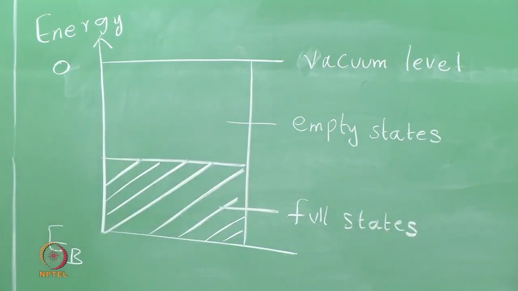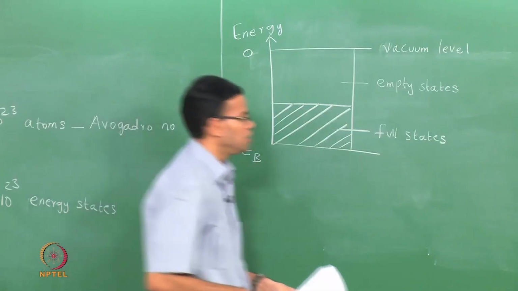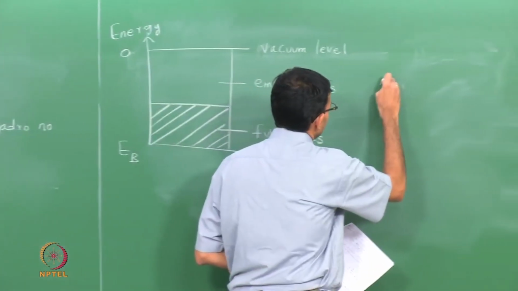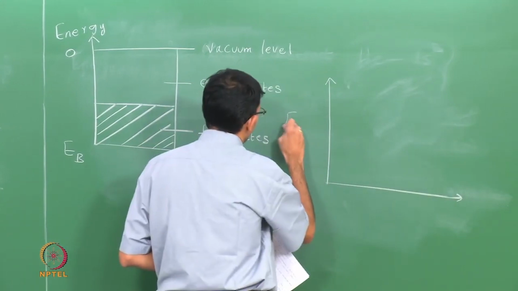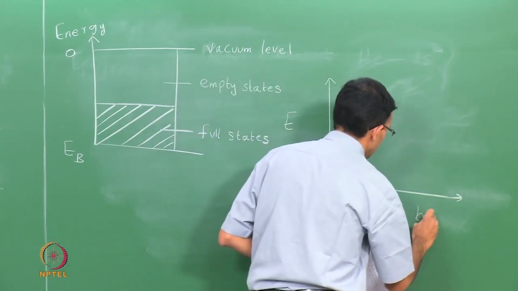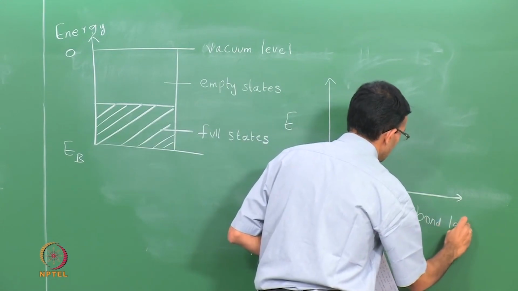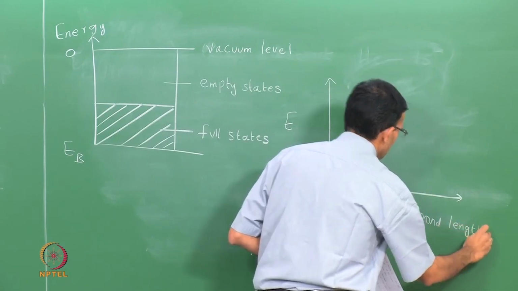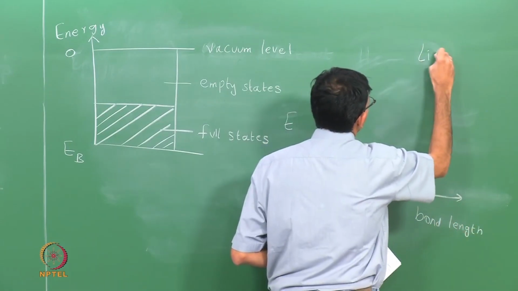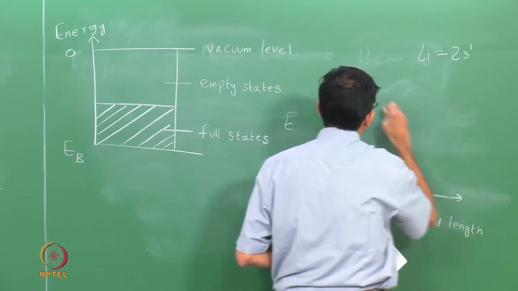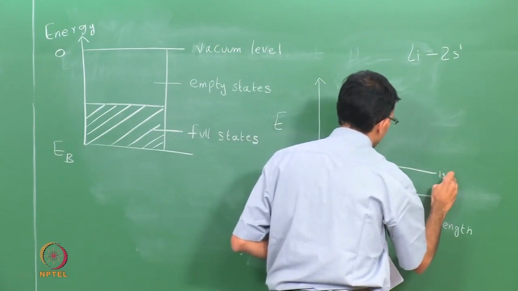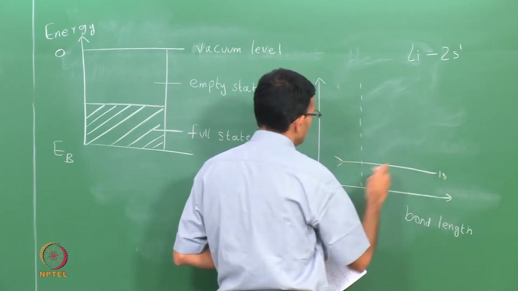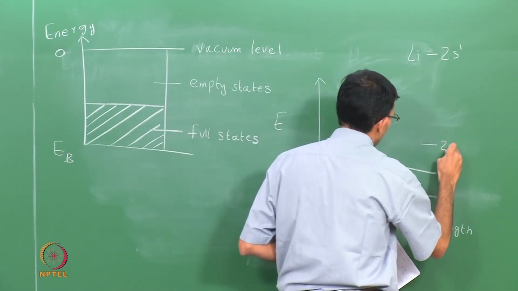So, how do we arrive at the fact that the energy band is half full? If you go back to the energy versus the bond length diagrams, if you have lithium which is 2s1, you have a 1s inner shell, you have 2s1.